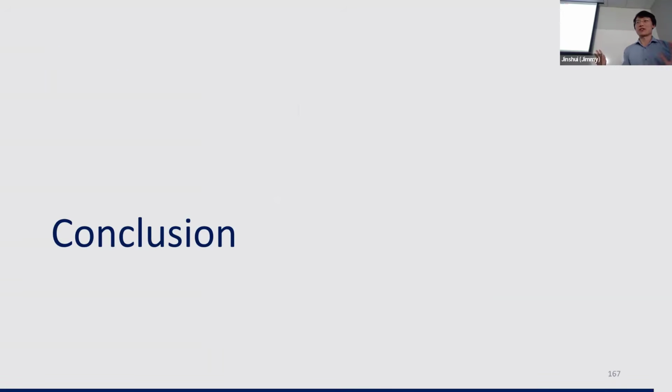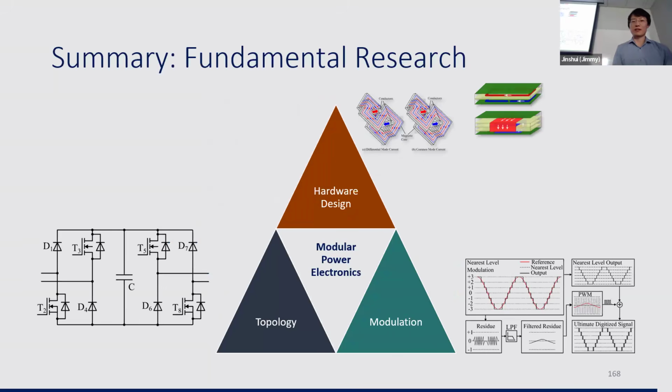So I think that covers most of the technical work I've done over the past 5 years. For the fundamental research, we have a new topology, which is a potential replacement or upgrade for the full bridge, one of the 2 fundamental topologies. And we have 2 very compact magnetics designs to deal with current surge in parallel MMC circuits.